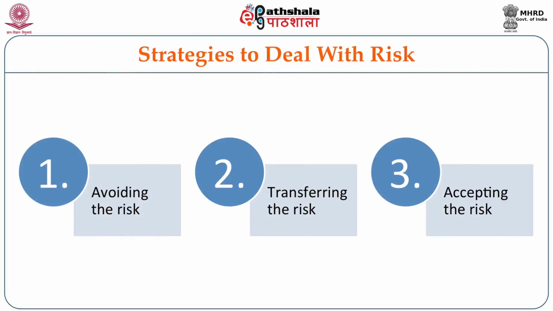There are three strategies that can be used to deal with the risk: avoid the risk, transfer the risk, and assume the risk by accepting it. We need to check the nature of the risk.